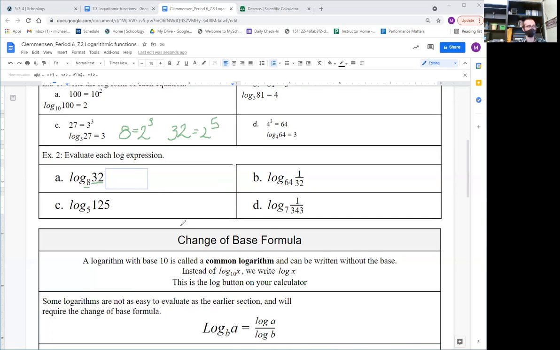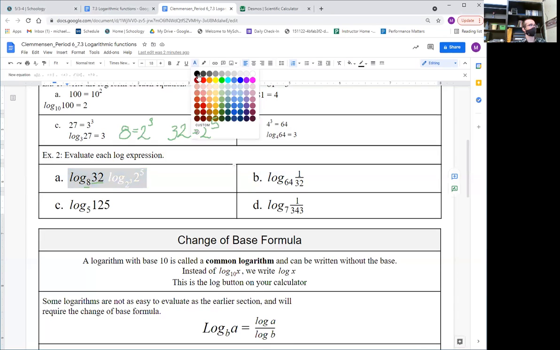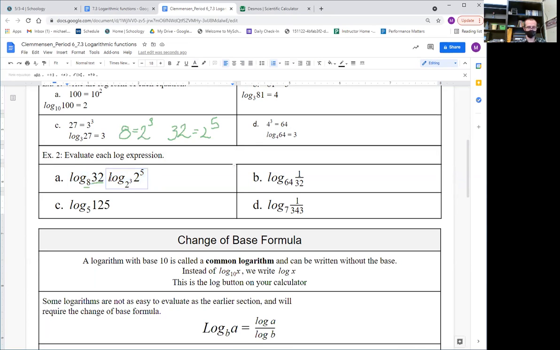Now that they have the same base, I'll be able to do some extra math with it. Log base 2 to the third of 2 to the fifth, like this. So I forgot my equal sign right here. It's nice to have that.